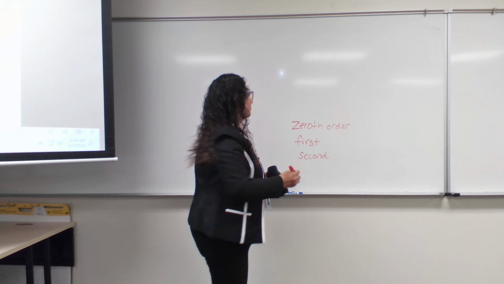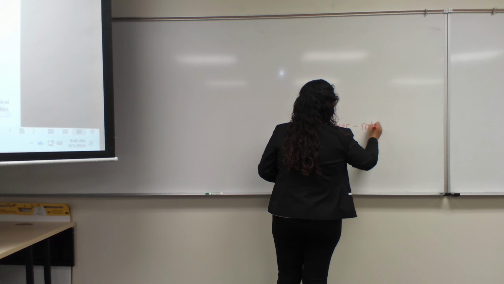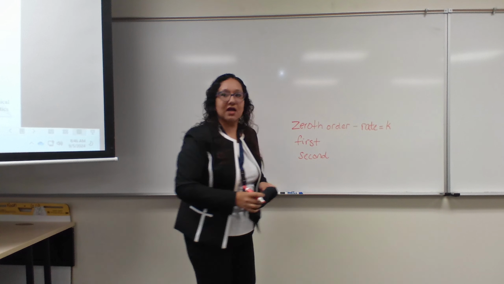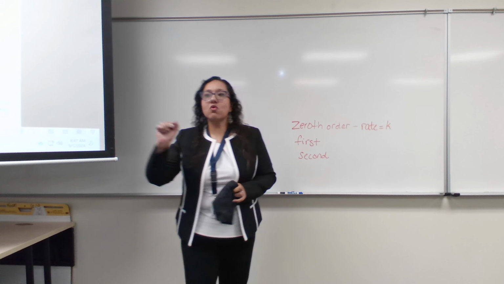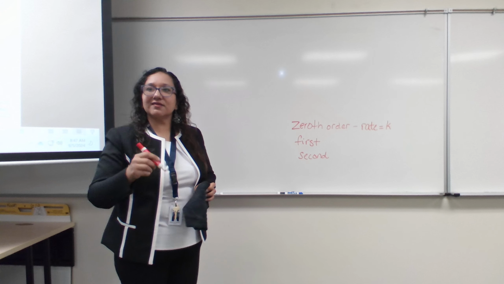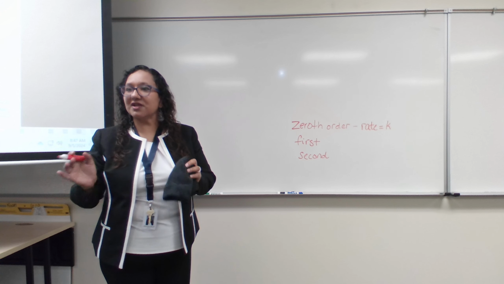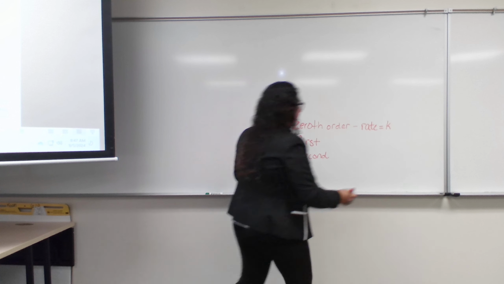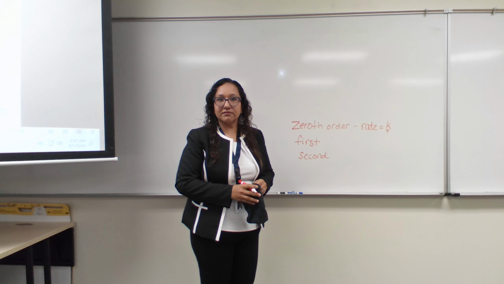The rate of this reaction is equal to just the rate constant, k. It means you can add more and more or less and less of your reactant, and it's not going to change how fast the reaction happens. It's going to happen at this rate constant regardless of what you add.